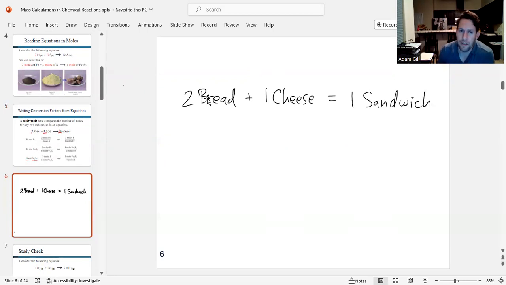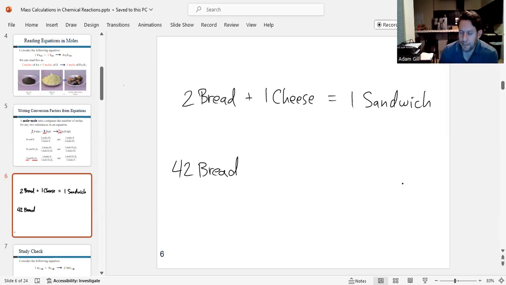It's a recipe. This tells you how many of each thing you need. And so if I told you that there were 42 slices of bread, how many sandwiches could you make?